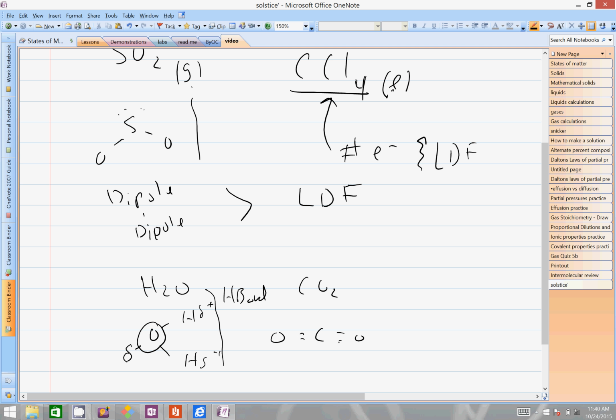This guy would like to do hydrogen bonding, or any dipole-dipole, but it does have a partial negative, partial positive. Because we're linear, okay, this thing cancels, and we have no dipole-dipole, no hydrogen bonding. So the symmetry of this thing is important. We have London dispersion forces, which is why this thing is in fact a gas at room temperature.